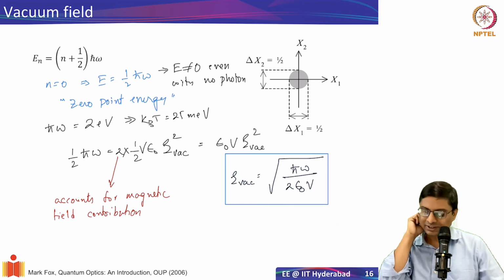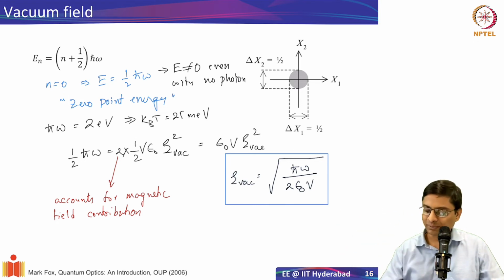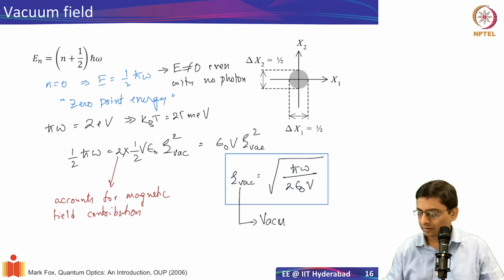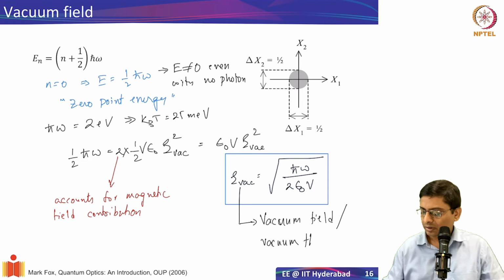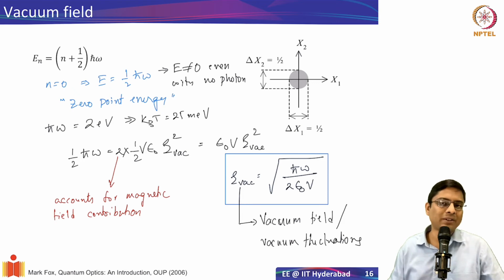We'll compute in a moment what those fluctuations are, but this is basically called the vacuum field, or vacuum fluctuations. Even when you don't have any photons, you have that.